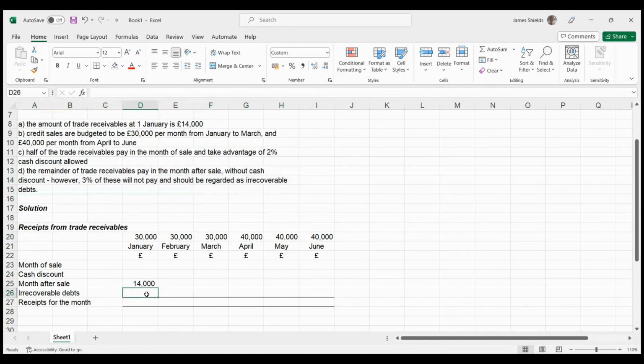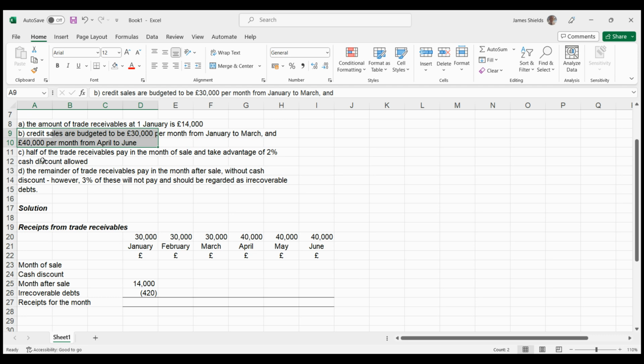So of the £14,000, we expect 3% of them not to pay, and 3% of £14,000 is £420. So that's dealt with the part A bit, so we can forget about it now.